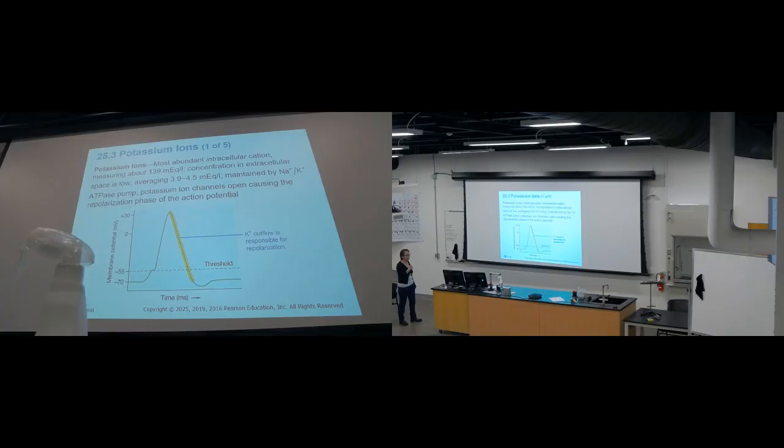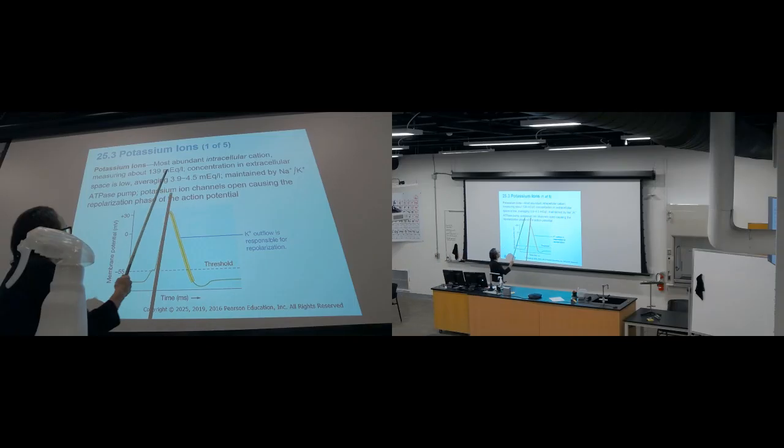Now for potassium ions. Potassium is just like sodium. It has a positive charge, they are cations, but they are concentrated more inside the cells than outside the cells. And why? Because we have more potassium channels, leaky channels, than sodium channels.